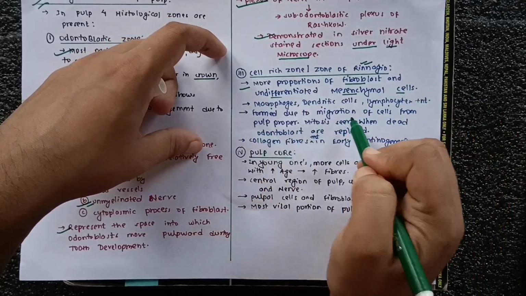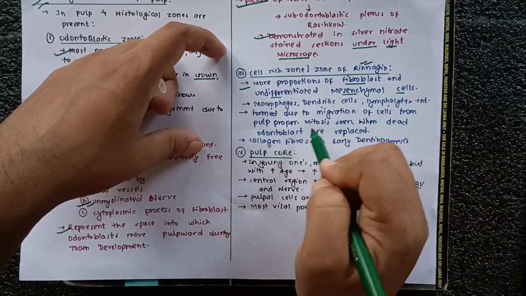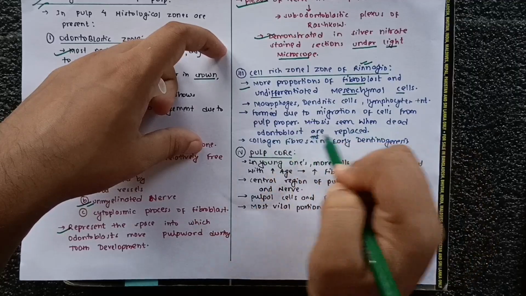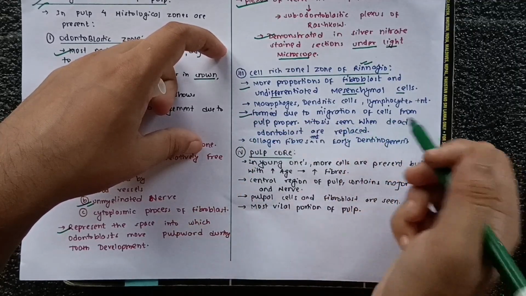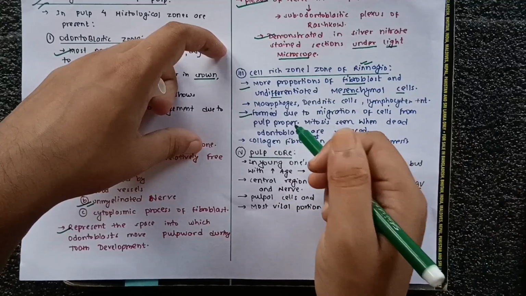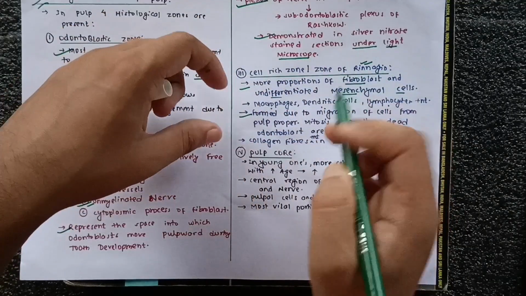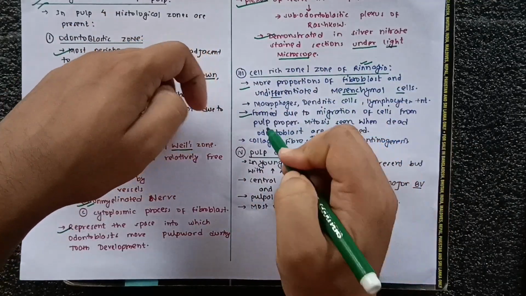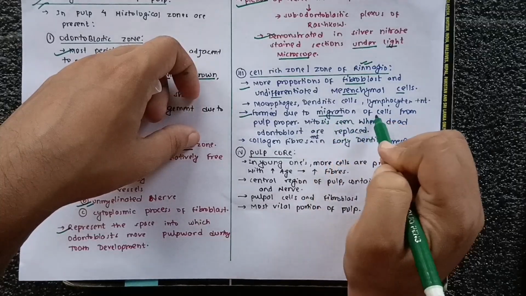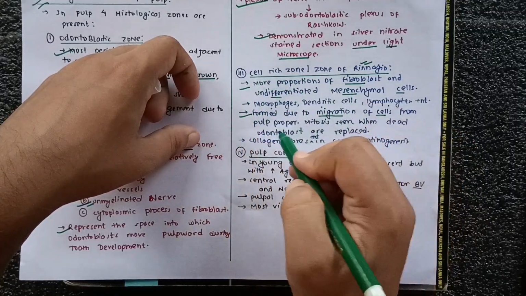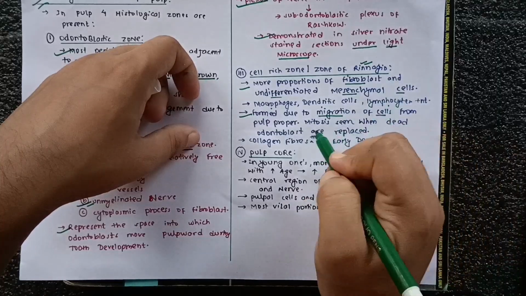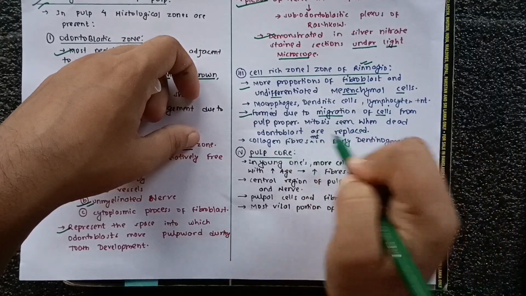It is formed due to the migration of cells from the pulp proper, and mitosis is seen when the dead odontoblasts are replaced. So pulp proper is the core of the pulp, and from the core of the pulp there is a migration of cells towards the cell-rich zone.